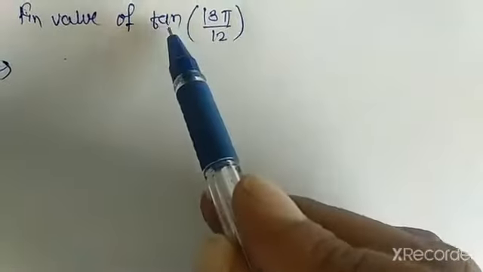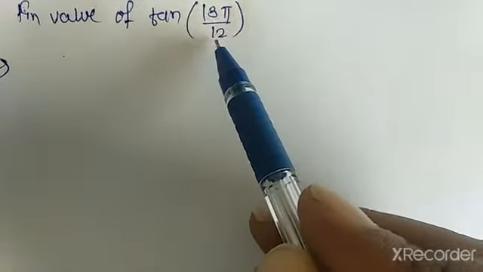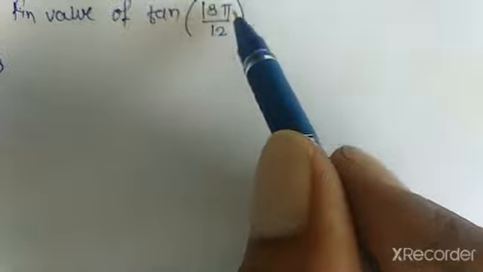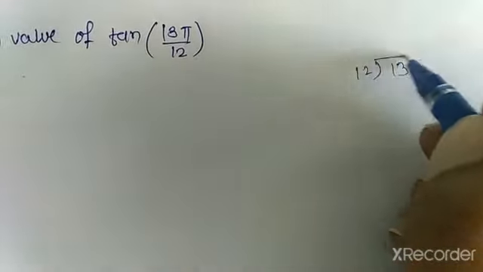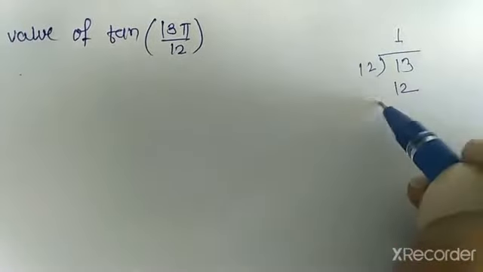Next example is for your homework. You have to find the value of tan 13 pi upon 12. You have to write it in the form of tan of pi plus something. If you divide 13 by 12, 12 ones are 12 and the remainder is 1.